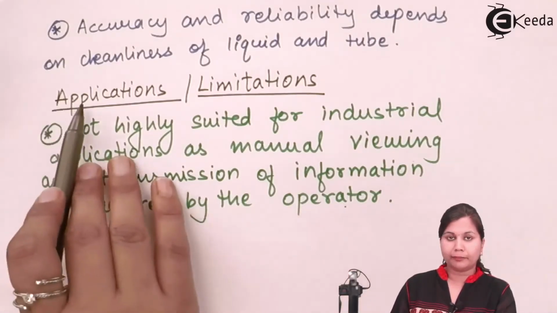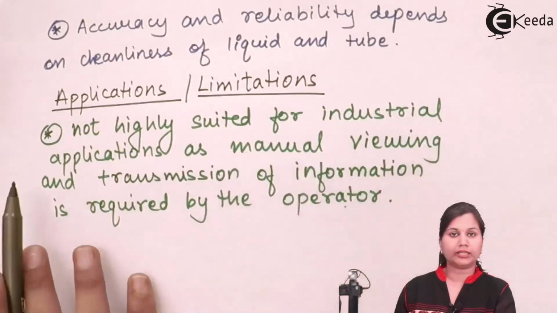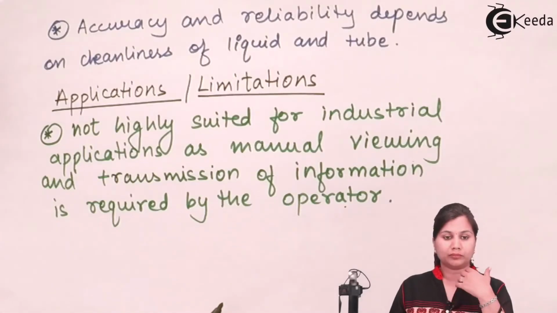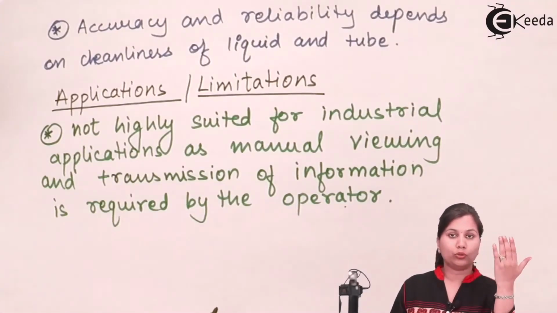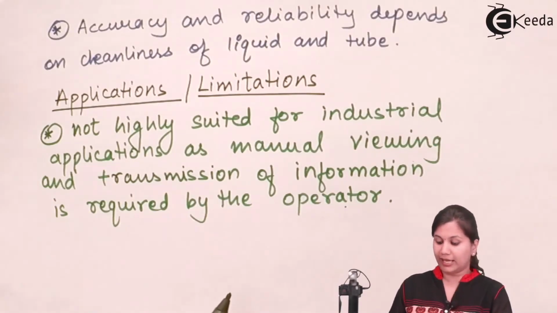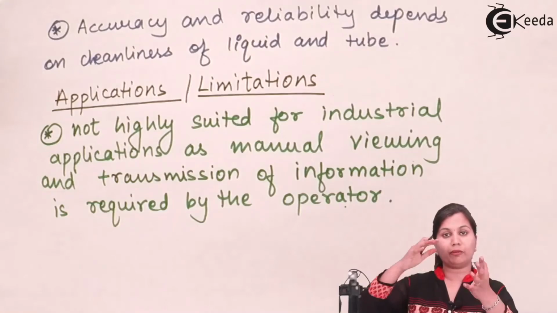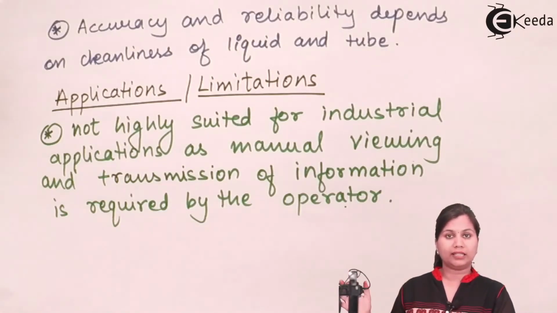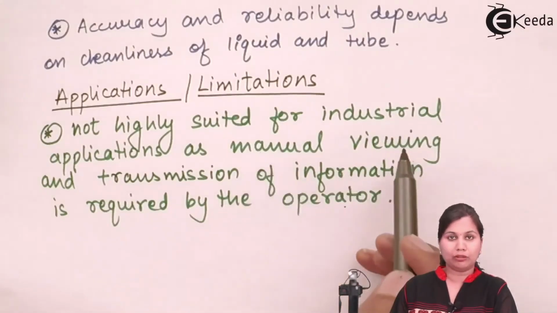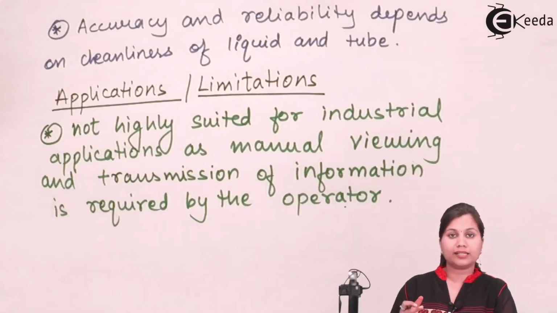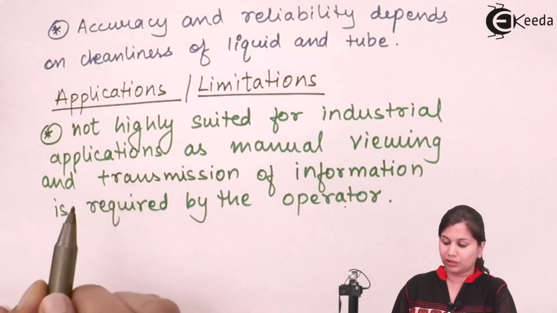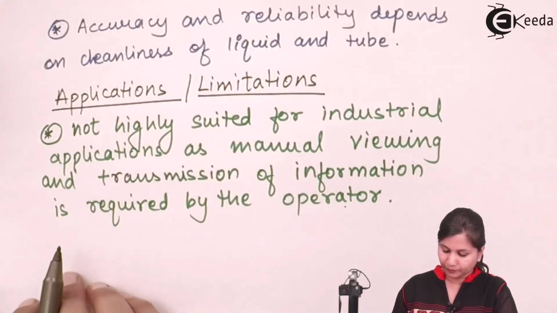It is not practical for the operator to go near the tank every time to take the readings, and also transmit the information to the controller who is sitting in the control room. So this manual reading and transmission of information is a disadvantage, and it is a limitation of this method for industrial application.